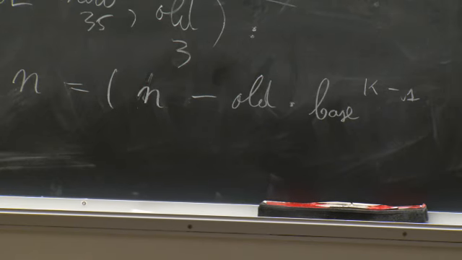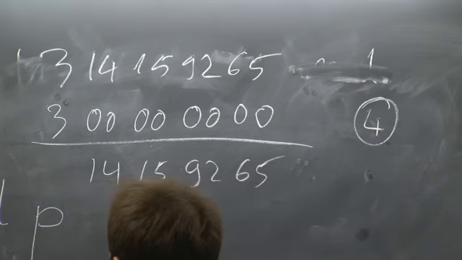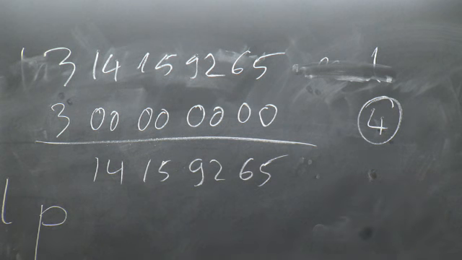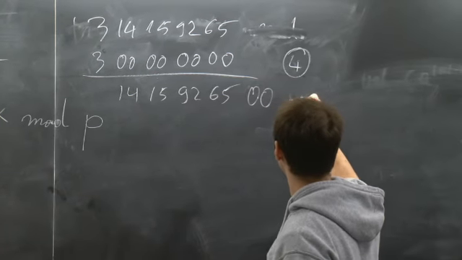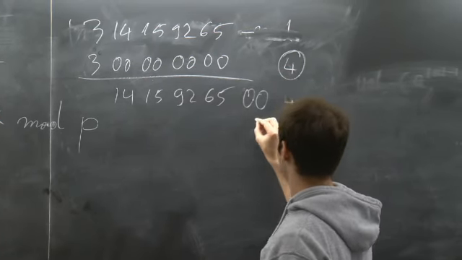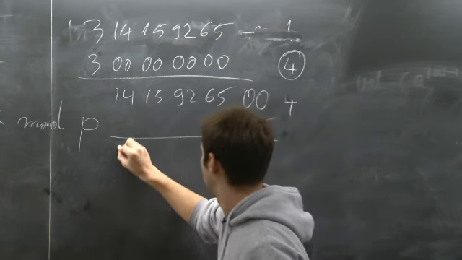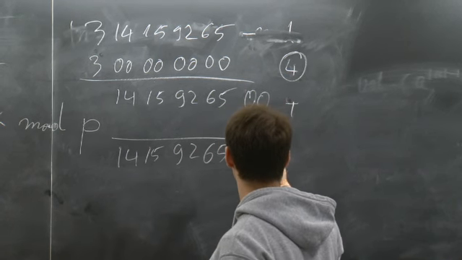Then I get 1, 4, 1, 5, 9, 2, 6, 5. What do I do to tack on a 35 at the end? Times the base, that gives me the zeros, and then I add 35: 1, 4, 1, 5, 9, 2, 6, 5, 3, 5.